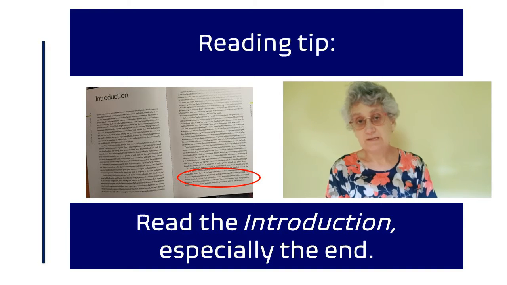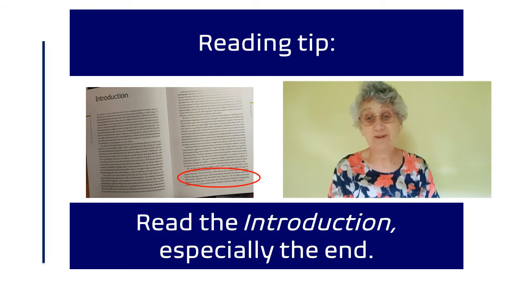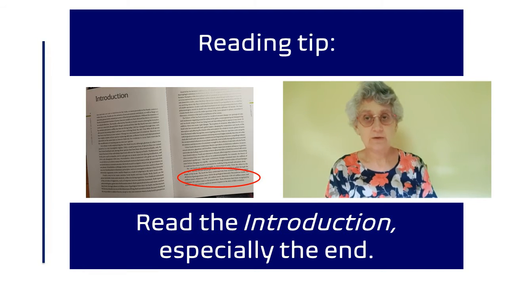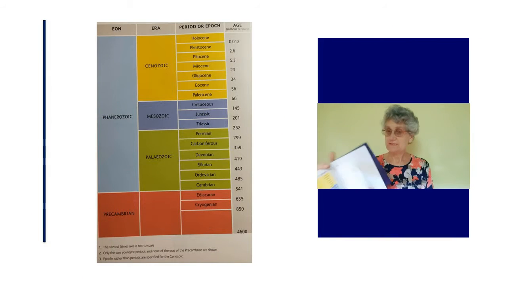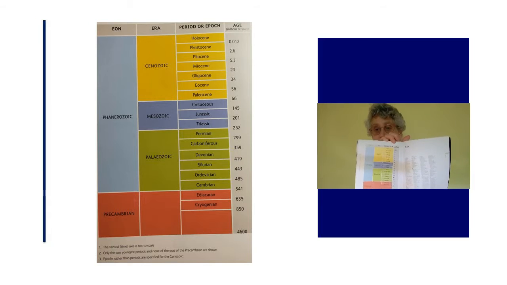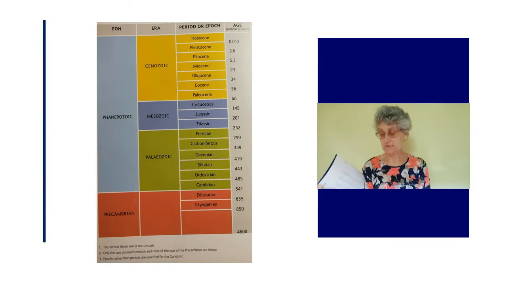This fossil is in the Paleozoic section, which they say is between 540 million years ago to 250 million years ago. They also point to this handy little map at the end of the book, this table, that tells us the different eras in the fossil record and the years that they correspond to.